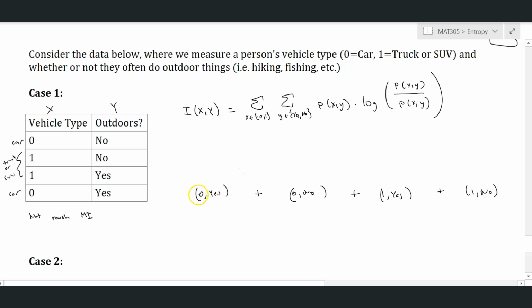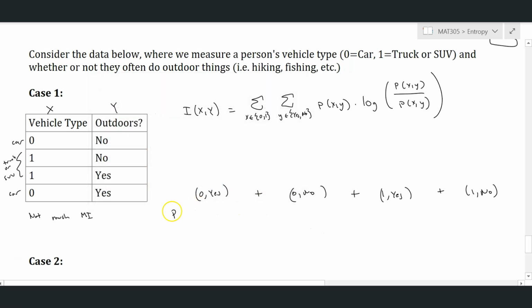So in the case where x is 0 and y is yes, we need to compute the probability of that, right? So the probability of x and y, in this case, of 0 and yes.